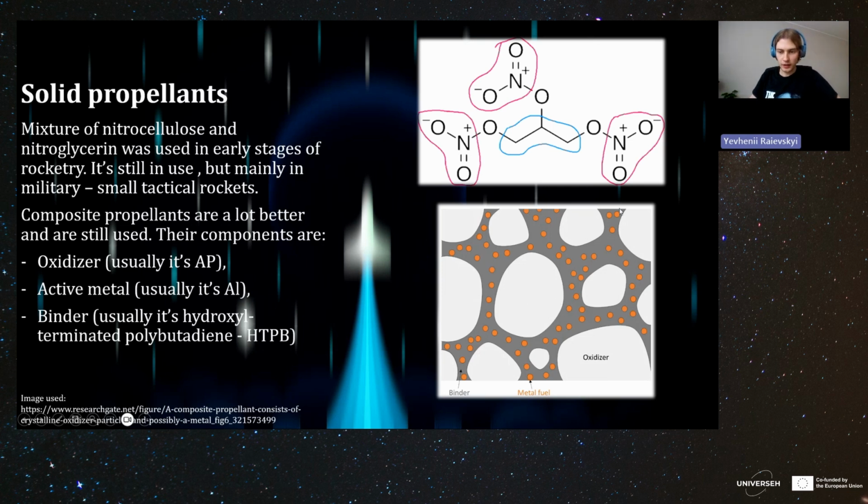And the gray section here is the binder. The binder is needed to bind those things together, and because of that it is also called solid propellant, because the oxidizer in APCP and the active metal need to be somehow combined to react well to produce thrust.